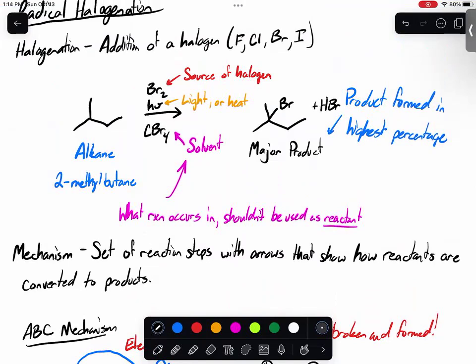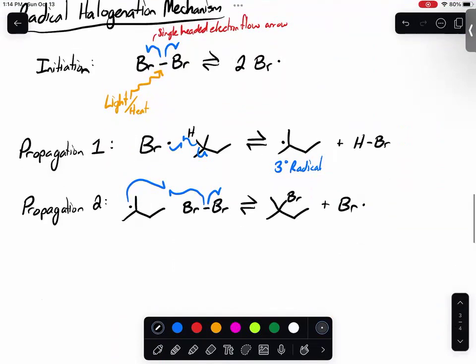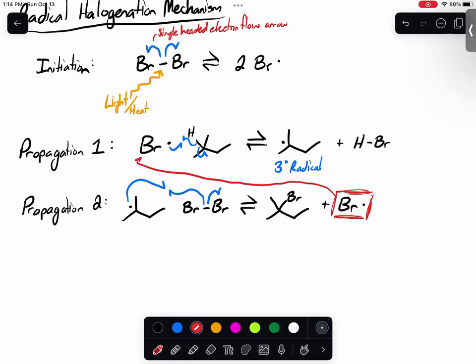Here's the thing though. In the propagation step, we left a single bromine radical around, right? And the reason for this is this reaction actually continues, right? It can do this propagation over and over again because then this bromine that we formed can come back around and it can act as the bromine in this step up here, right?